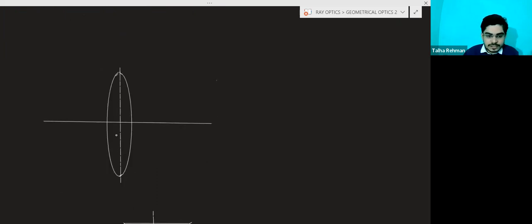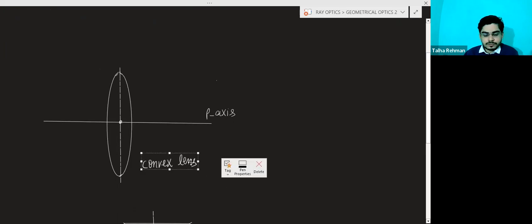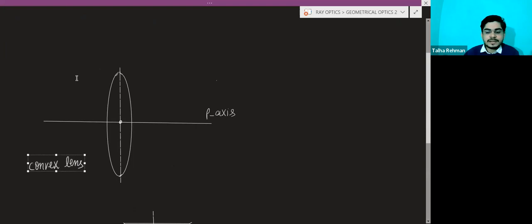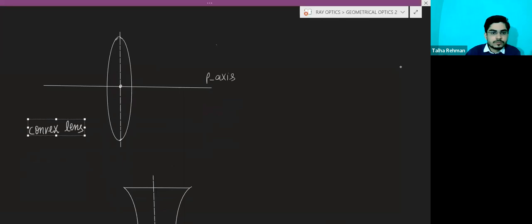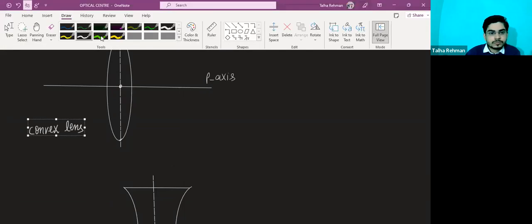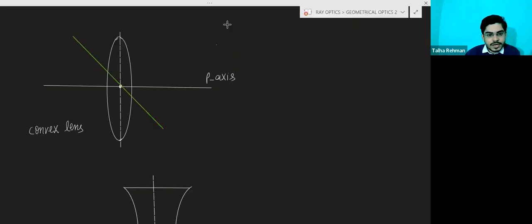This is a convex lens, and this is the principal axis. And this is a point. If a light ray comes like this, passes through this point of the lens and goes straight, this point is known as the optical center.